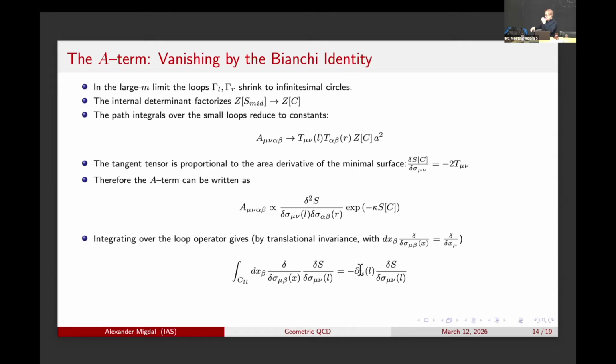There is an exact identity which says something like that: if you take a loop with a fixed point, then you have d mu with respect to this point plus the integral dy of the area derivative of my functional equals 0.